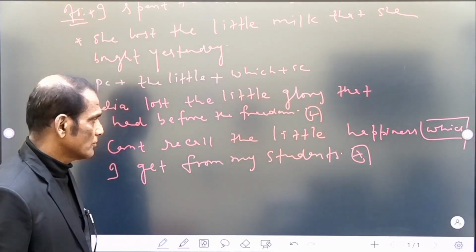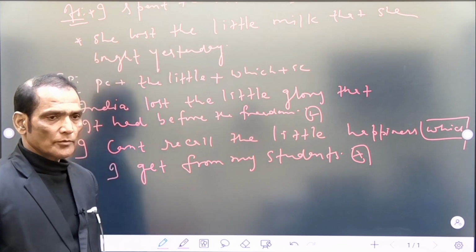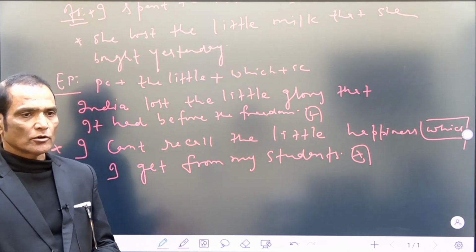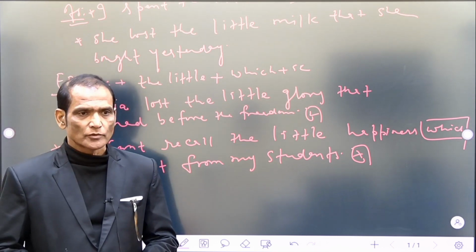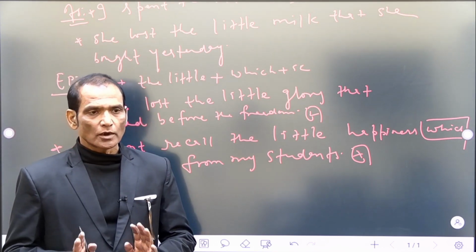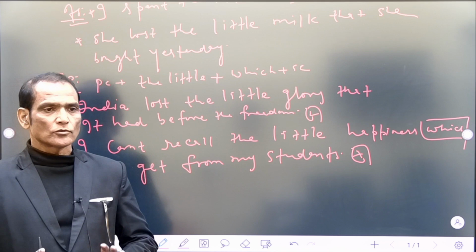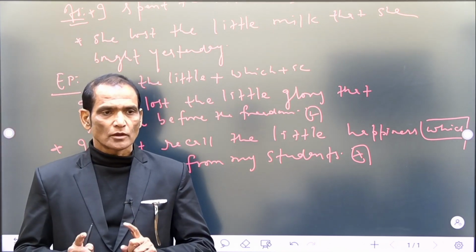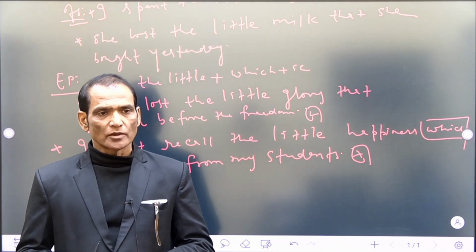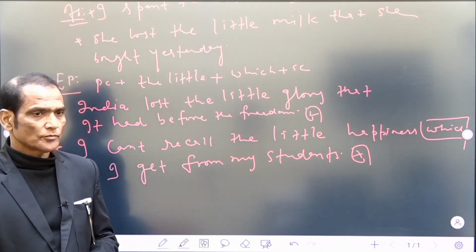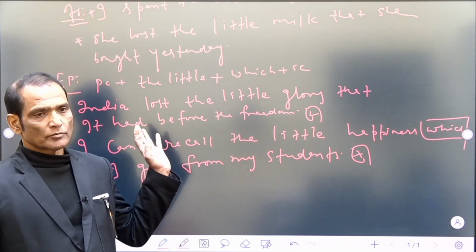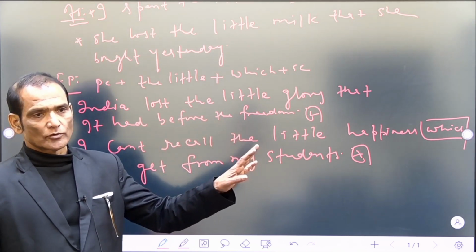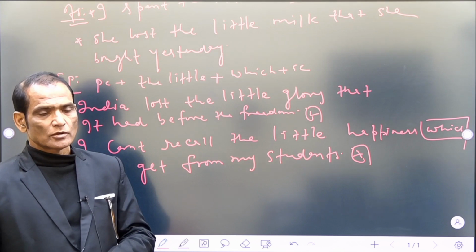So guys, be cautious. Again I am recalling the same thing. In case of little, your subordinate clause should be negative sense, and negative means not only the application of no or not or don't or didn't. Actually there should be a word that should have negative sense. I mean, if what you write in principal clause and what you write in subordinate clause, both the sentences should be different.